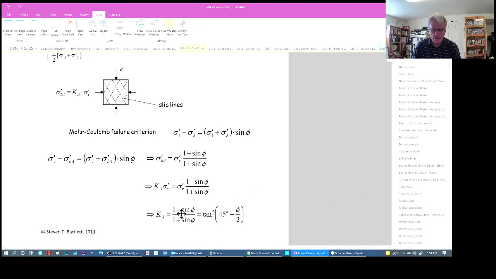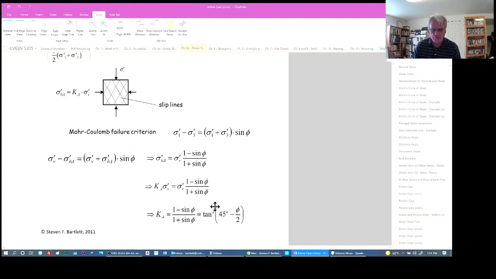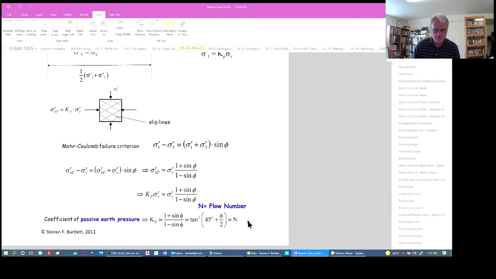You see it's 1 minus sine over 1 plus sine there, or here it's 1 plus sine over 1 minus sine, and in here it's 45 plus phi divided by 2, whereas for the active case it was 45 minus phi divided by 2. So the signs are changing here. The active pressures are considerably smaller in this failure mode. Maybe for a typical sand this might be about 0.3, where this value here might be as high as 3.